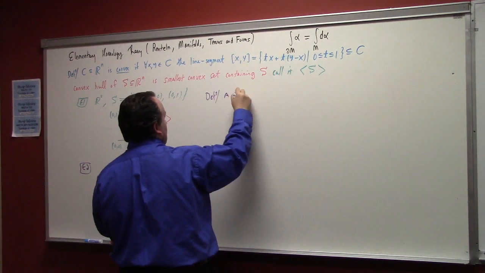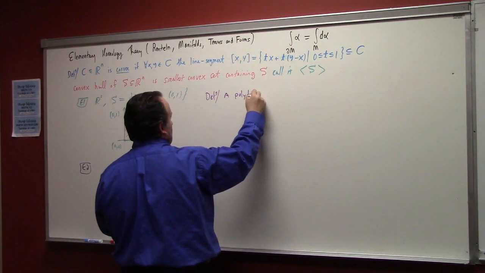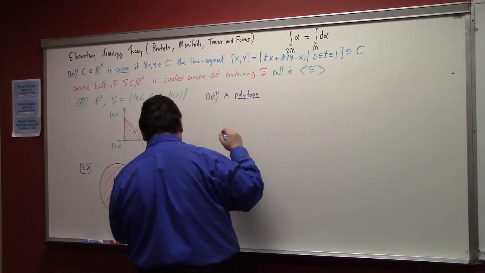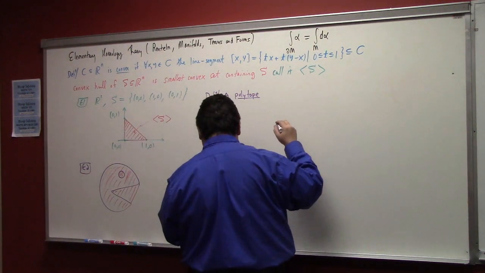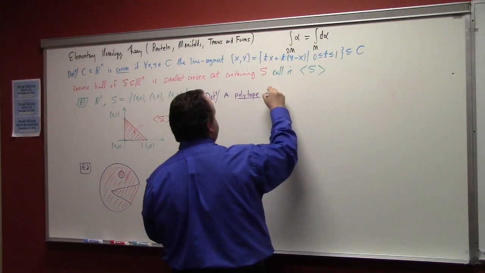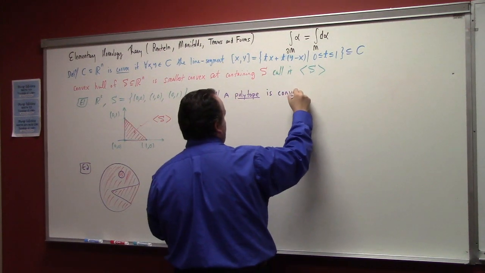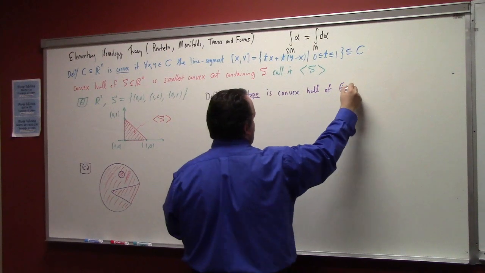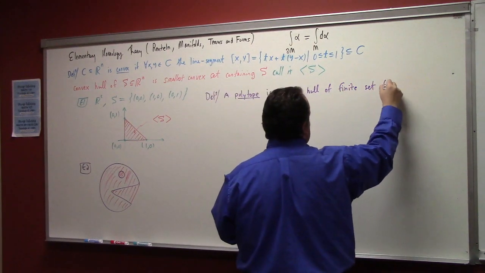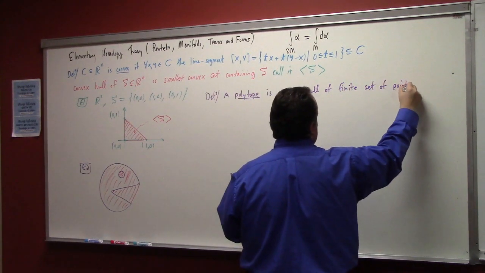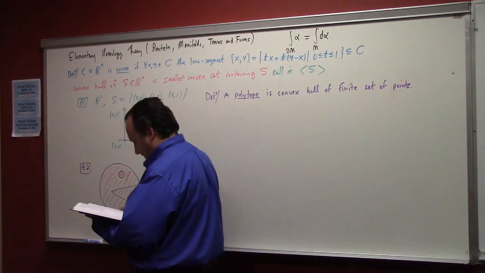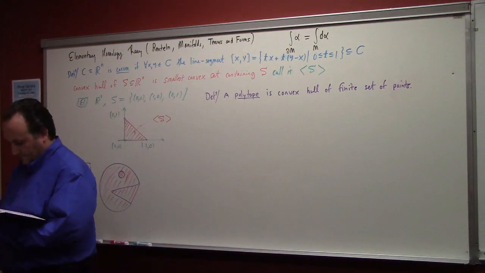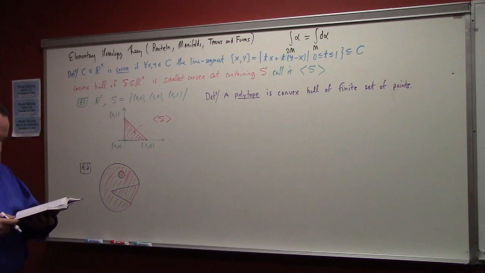A polytope is the convex hull of a finite set of points. All right, exercise 5.1.